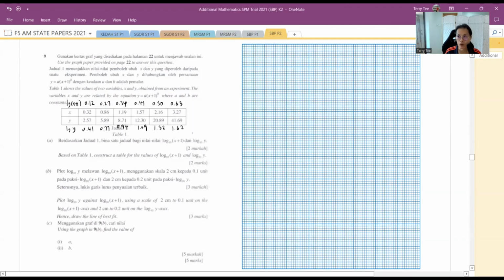Okay, so I've got my log y and my log of (x plus 1). The next thing is I need to plot log base 10 of y versus log base 10 of (x plus 1). Here's the thing, you can use one method to validate your answer, if you have this calculator.